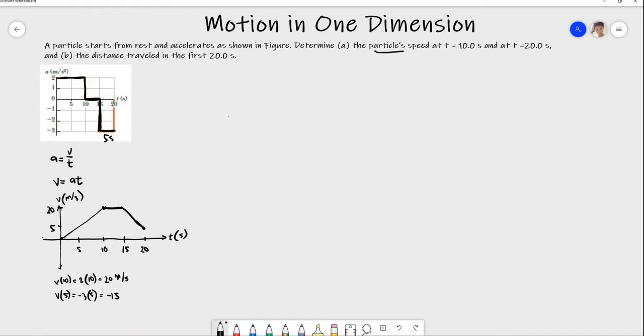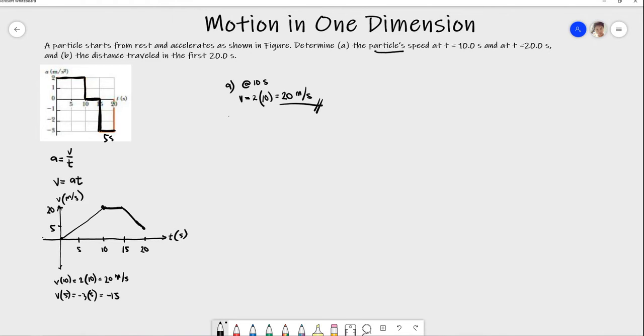Now, solving for letter A, the particle's speed after 10 seconds. Looking from the figure that we have done, the speed after 10 seconds is located at this point. Therefore, the particle's speed after 10 seconds is equal to the acceleration 2 times 10 seconds, which is 20 meters per second.